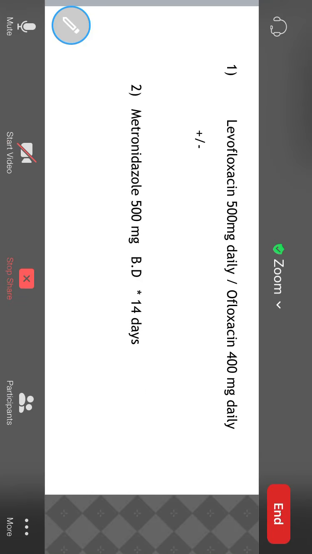The first regimen is Levoflox 500 milligram daily or Oflox 400 milligram daily with or without metronidazole for 14 days. 14 days is most important, because what I have seen, many people give antibiotics to the patient, but only for 2 to 3 days, yeah, 4 to 5 days.